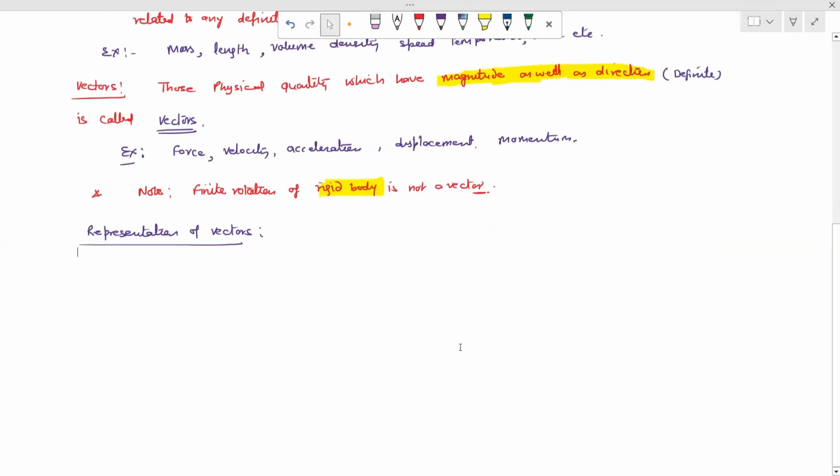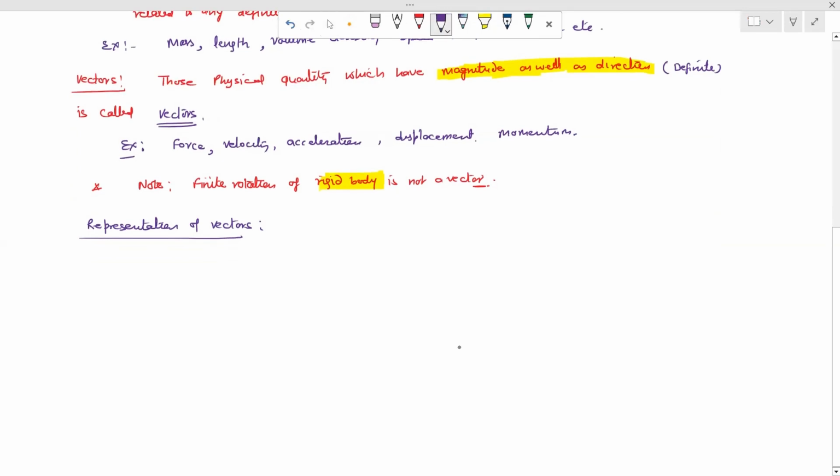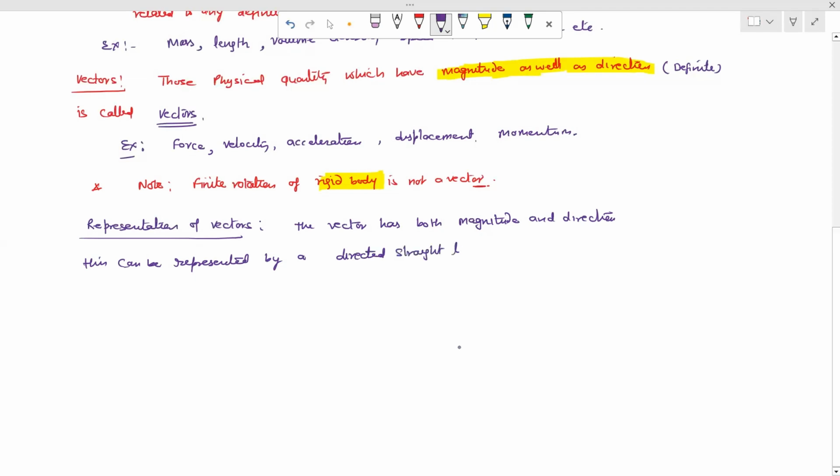Because a vector has both magnitude and direction, it can be represented by a directed straight line segment.